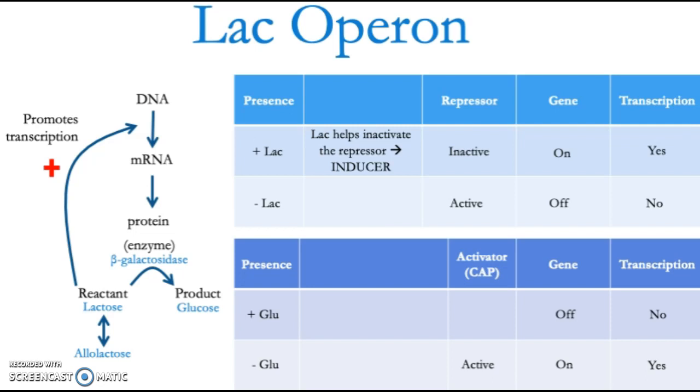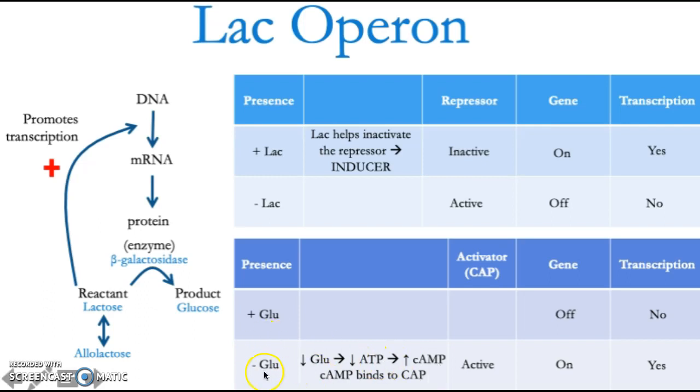Okay, so we need to activate CAP. CAP is the example of our activator in this case. And the way that we're going to do that is as follows. If you don't have a lot of glucose, low glucose concentration, that means you're not going to have a lot of ATP. Instead of ATP, our full battery, you're going to have a whole bunch of cyclic AMP, cyclic adenosine monophosphate, which is just essentially a really, really empty battery.